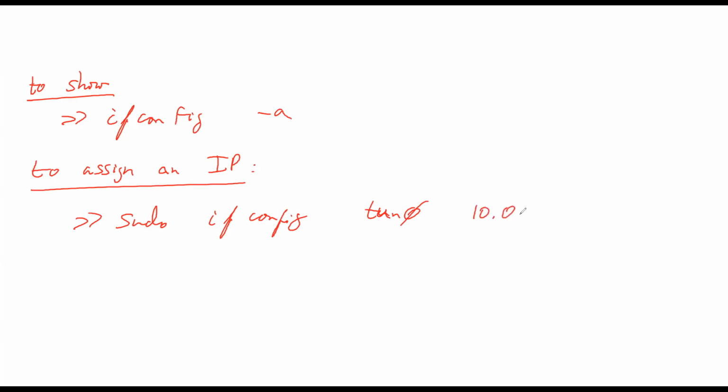For instance, 10.0.8.25/24 up. You guys see that? This is just some IP that you can specify. Then again, if you want to see it, you just do ifconfig, and you'll see it now configured correctly.